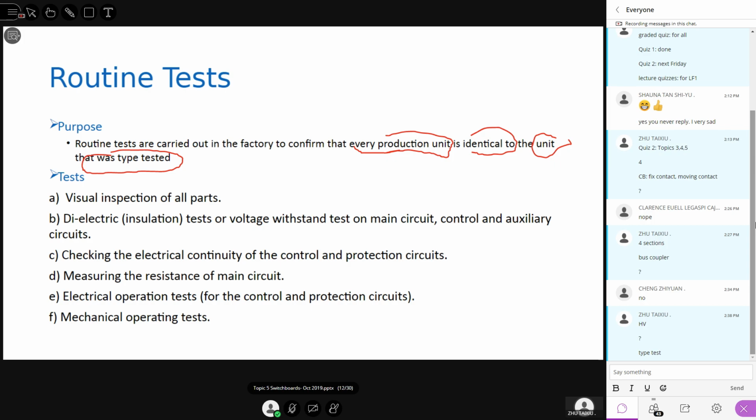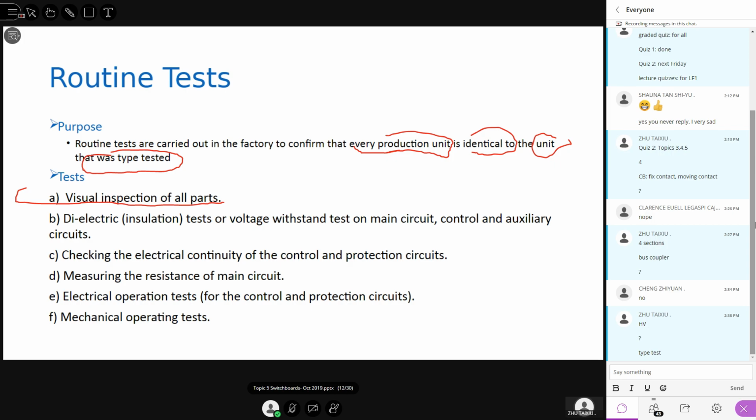The routine test includes visual inspection, checking all the parts to see whether they are okay or not. Sometimes experienced engineers and technicians can see the problem. They have the knowledge, they just do a visual check, and they know whether the parts are correct or not.